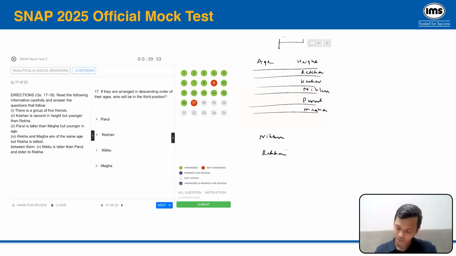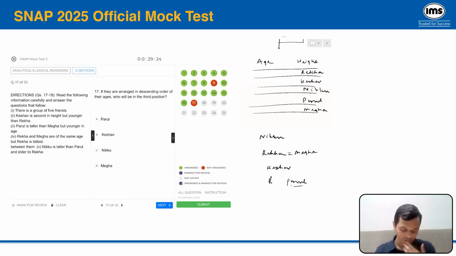Keshav is younger than Rekha. Parul is taller than Megha but younger in age. So I don't know where exactly to fit. Who will be in third position? Crazy. What is going on?